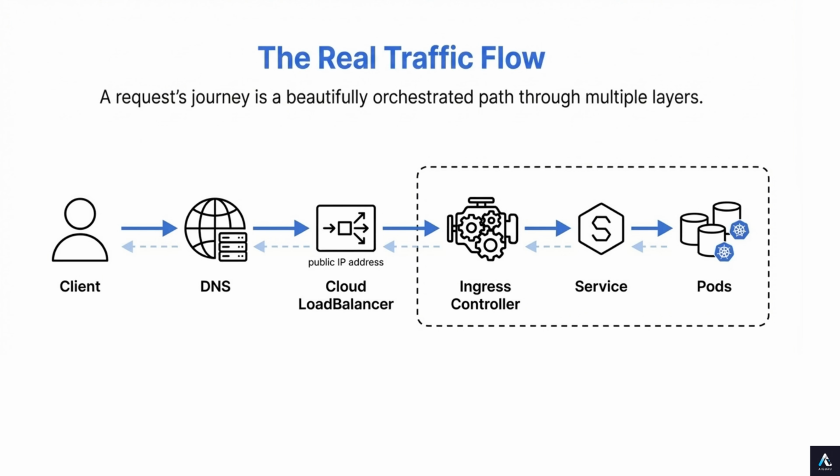What feels instantaneous to the user is actually a carefully orchestrated round trip. From the client to DNS, through the load balancer, into the Ingress controller, down to the service and the pods, and then all the way back out again. This continuous flow is the heartbeat of Kubernetes edge networking.